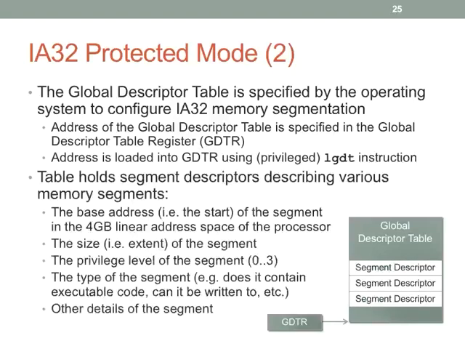There's various segment descriptors. Okay? And like I was saying, the size of the segment, the privilege level of the segment, the type of the segment, is it code, is it read-only data, is it read-writable data, and so forth. And the base address is really important. We'll talk about that in a second as well. But what we can do is we can set up a flat addressing model where we basically say, yes, this segment starts at physical address 0, and it is the entire address space.